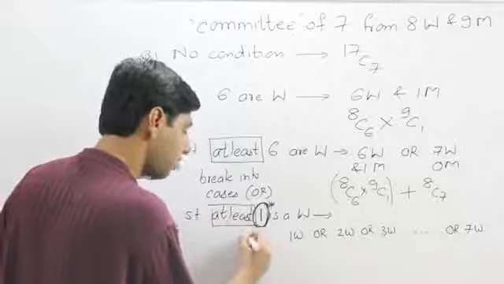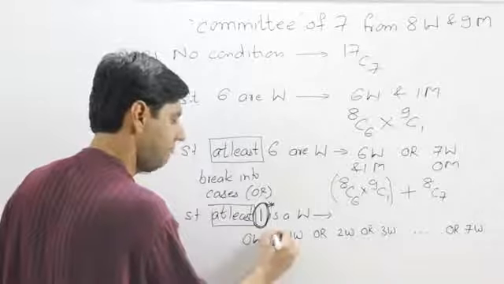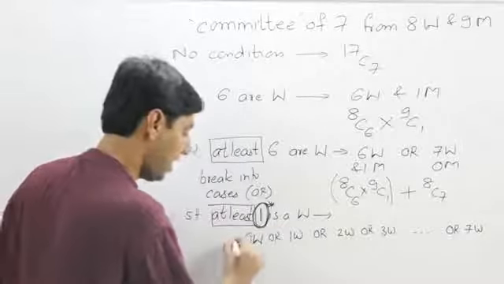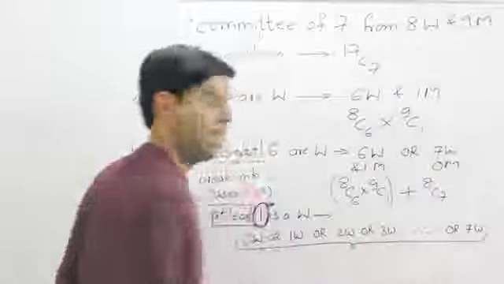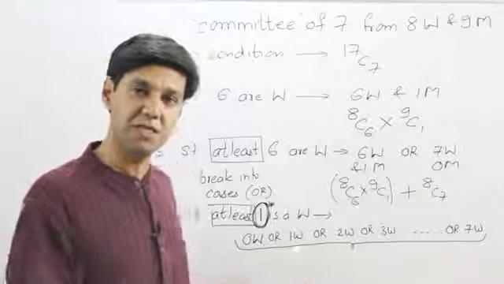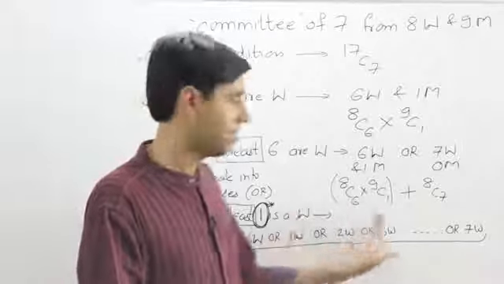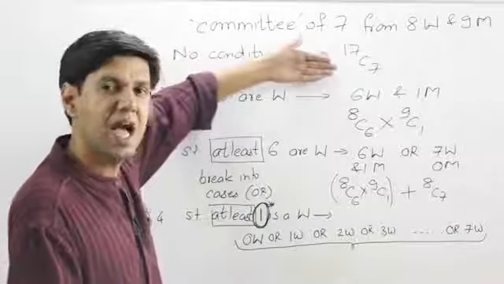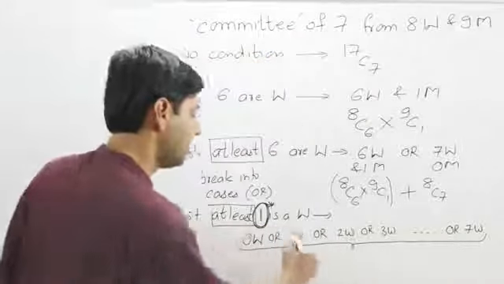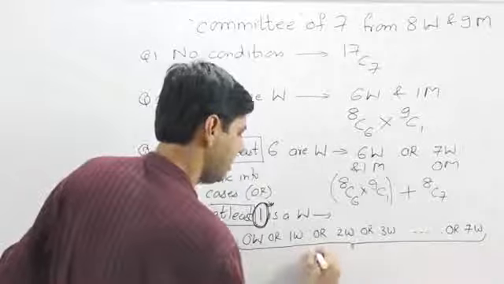If I also include a 0 women case, could I say now that this entire range takes care of all possibilities? 0 women, 1 woman, 2 women, 3 women, all 7 women. So this is nothing but your first case that you are forming every possible committee. So this is nothing going to be but 17C7.